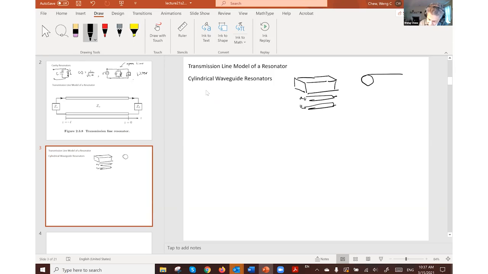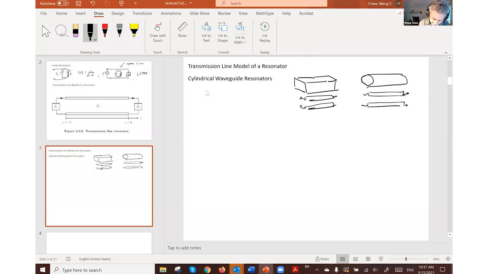Even if you have a circular waveguide, you can model it as a section of transmission line by exploiting mathematical homomorphism. Okay, so you can have cylindrical waveguides of any cross section or even microstrip lines.